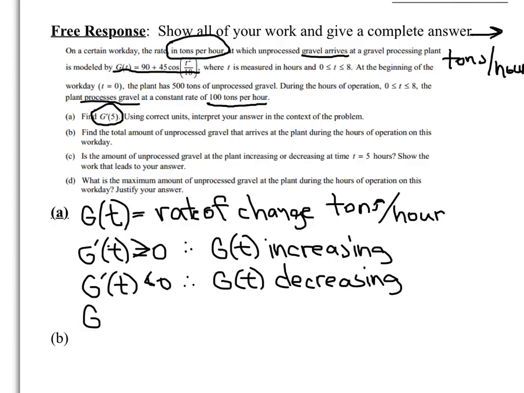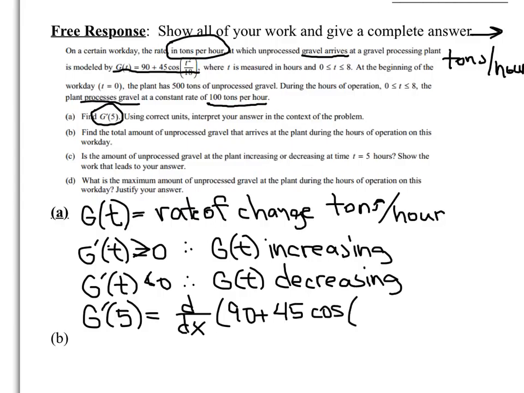So you guys did great on the mathematics here when you plugged in 5 into the function. Now I hope that you didn't do this by hand, right? Because you're going to use your calculator and take the derivative with respect to x of this function. You'll type that in, 90 plus 45 cosine of t squared over 10.